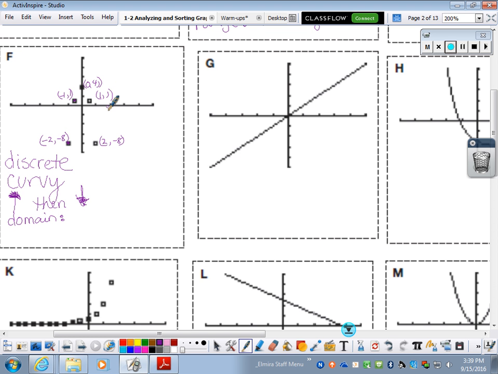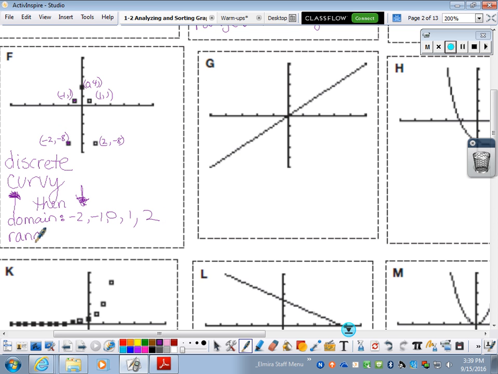Domain would be the x values: -2, -1, 0, 1, and 2. It's a discrete graph. It's not real numbers, because real numbers would include decimals and fractions and stuff, and we're not including those things. We did not connect those dots. That means that it can't be a decimal.